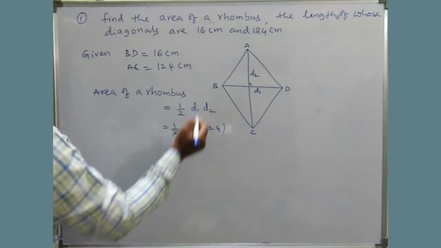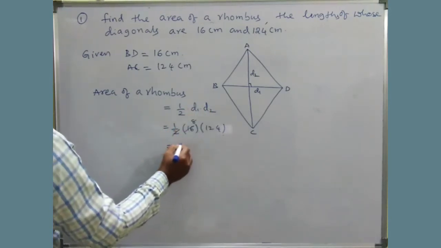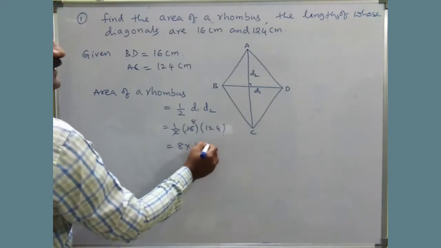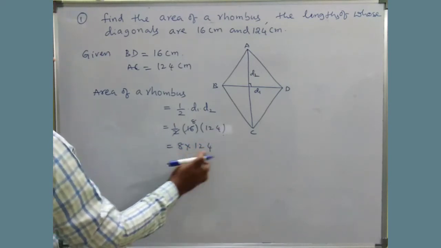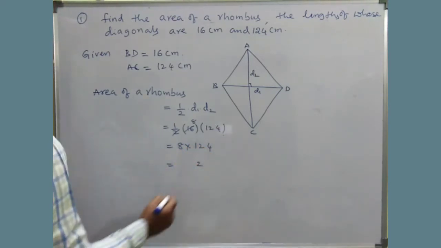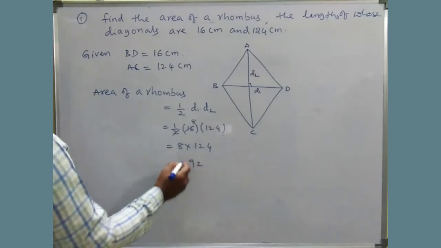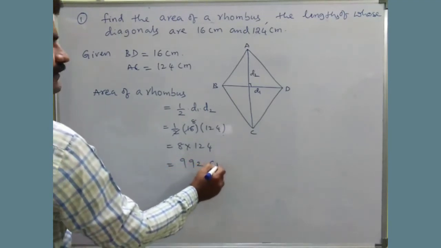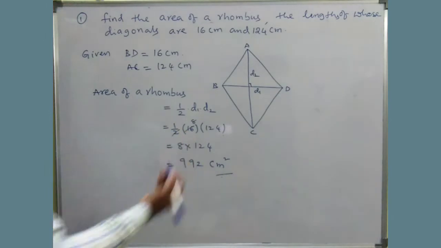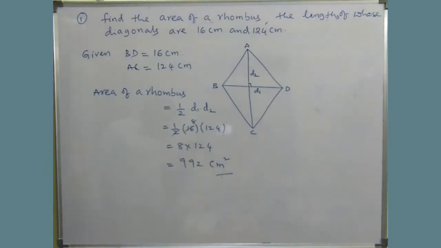So this is here 8 times. Hence I can write it that 8 into 24. How much? 192. And area, no? So the units are square centimeters.